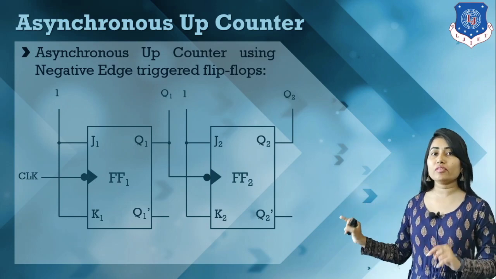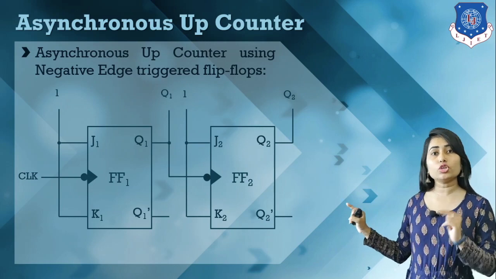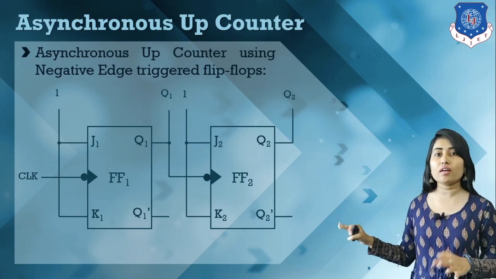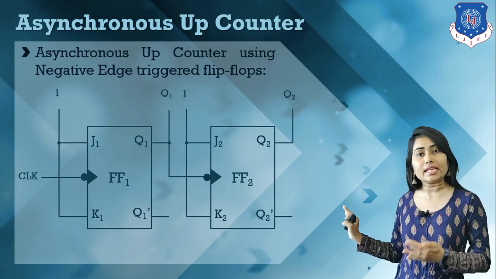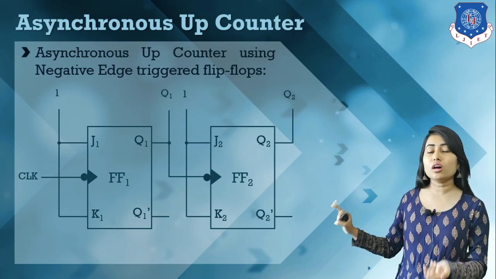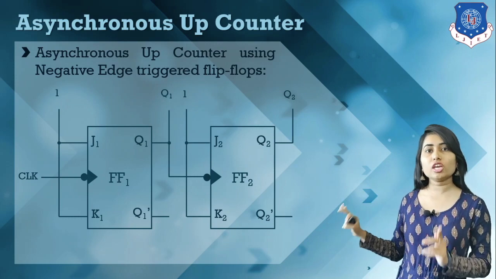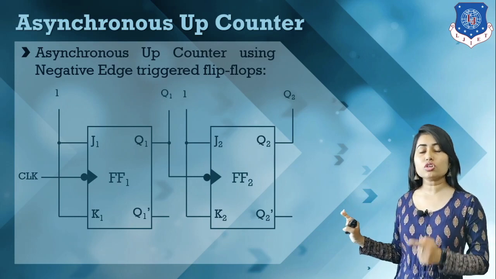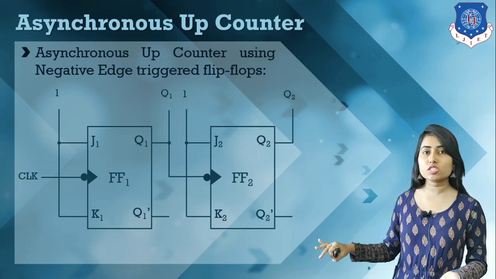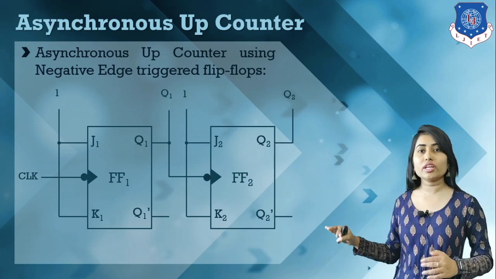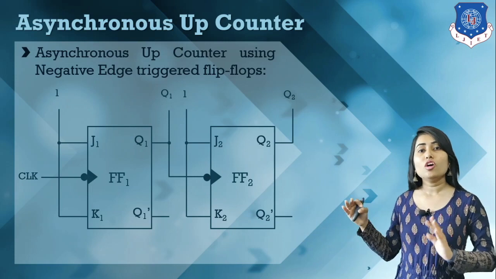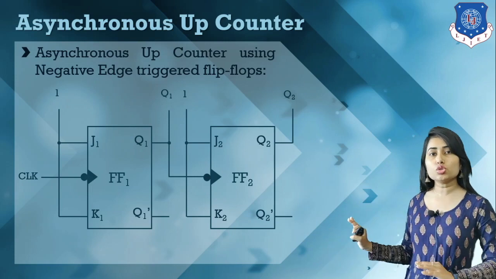That means whenever the negative edge of Q1 is reached, we have the toggle mode condition. So Q2 will be enabled only at Q1's negative edge. Q1 is the output from the first flip-flop. When the first flip-flop is active and counts its value, then after the value of Q1, Q2 will be active.